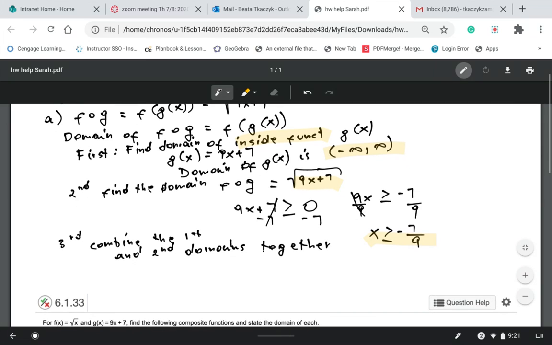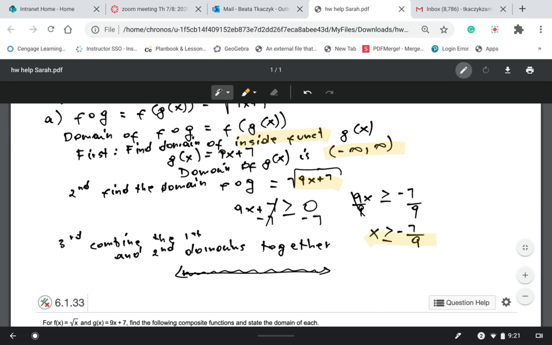So again, we have all real numbers and x greater or equal -7/9. The first one is all real numbers, which is from -infinity to +infinity.